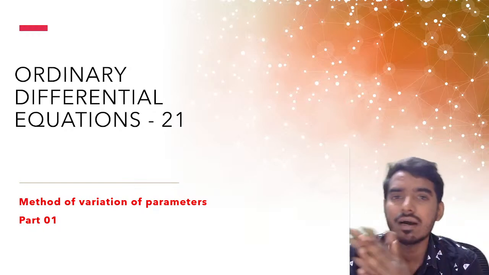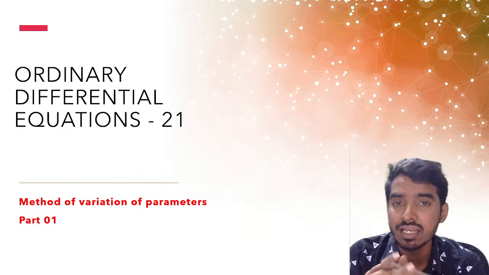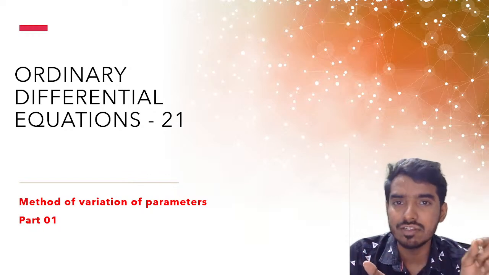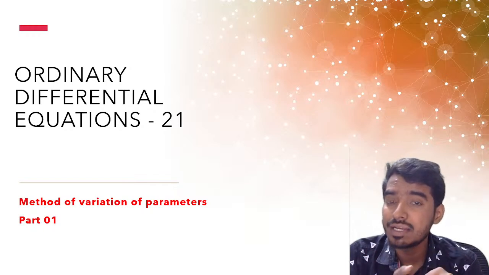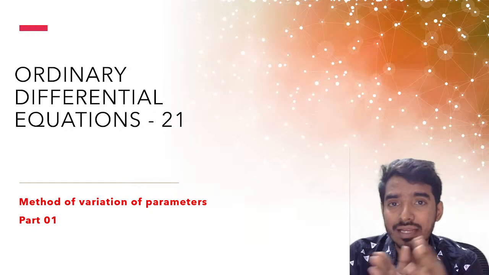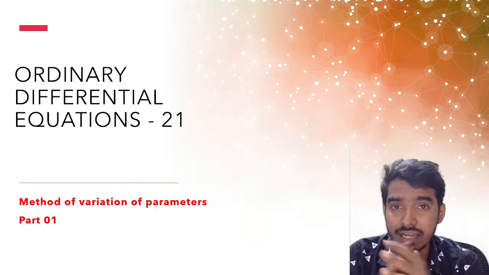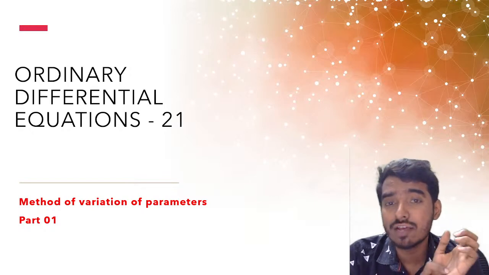If you recall what we saw in second and higher order linear differential equations, we classified them into 6 types. Type 0 is RHS is 0. Type 1 is RHS is e power ax. Type 2 is RHS is sin ax or cos ax. Then e power ax into sin bx, and polynomial in x. If it does not fall under any of these types, use the method of variation of parameters.